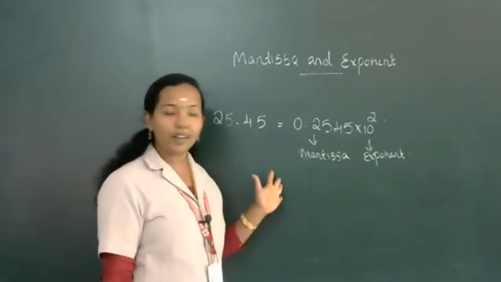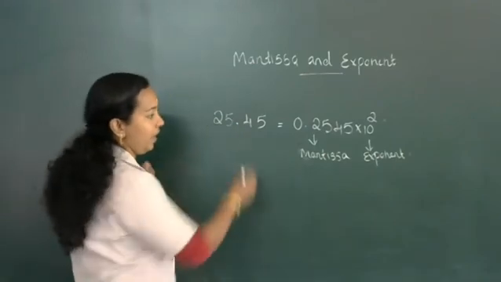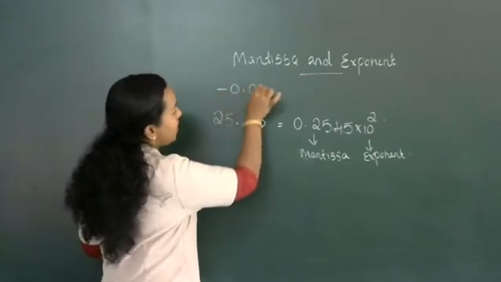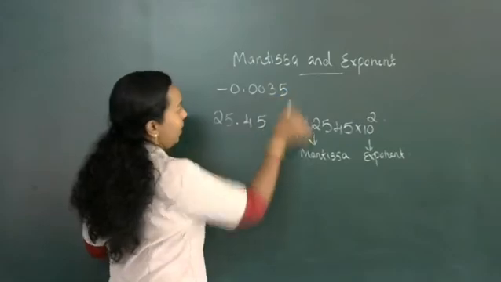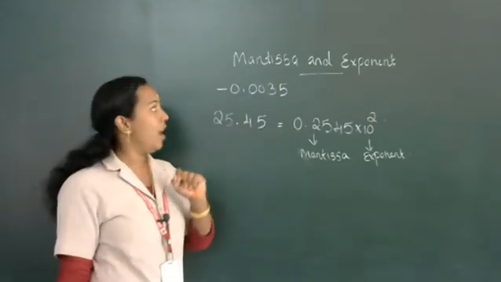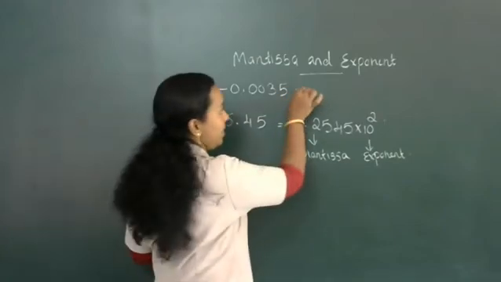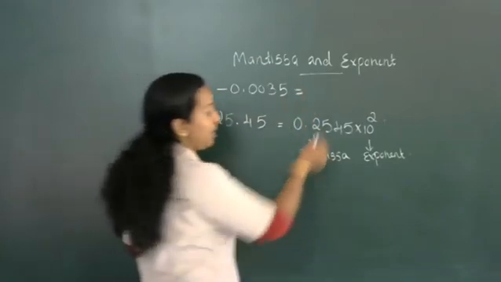So now you got the number. One more number we can write: minus 0.0035. Here a sign is also present. How will we represent this in exponent and mantissa format?